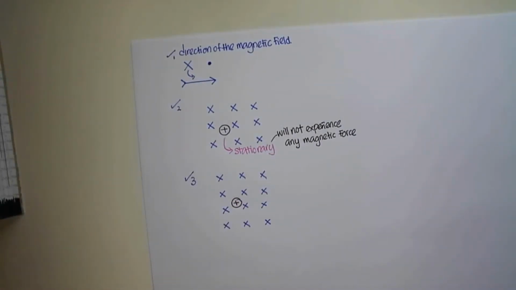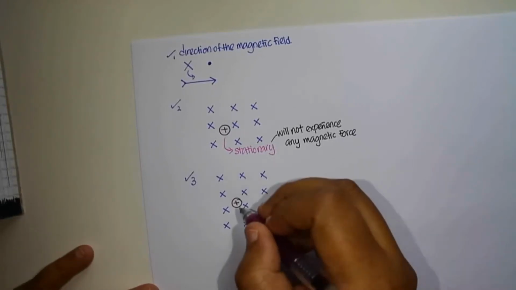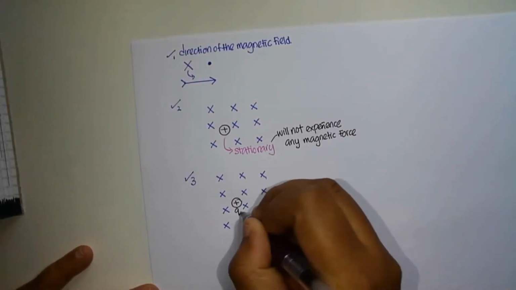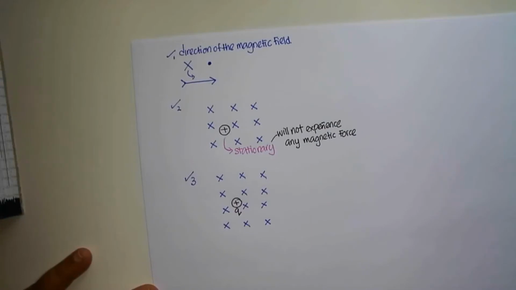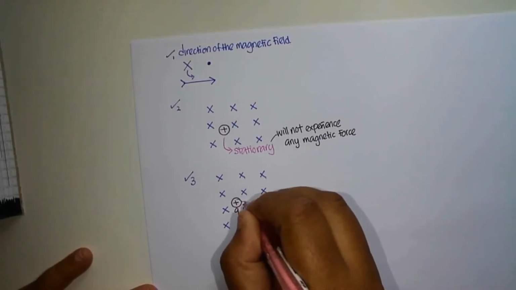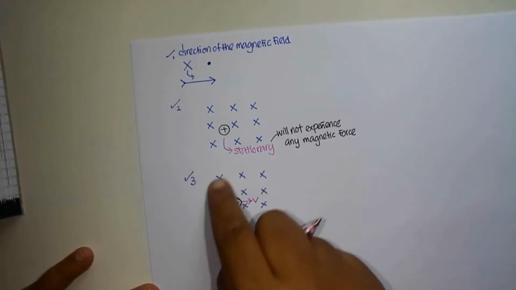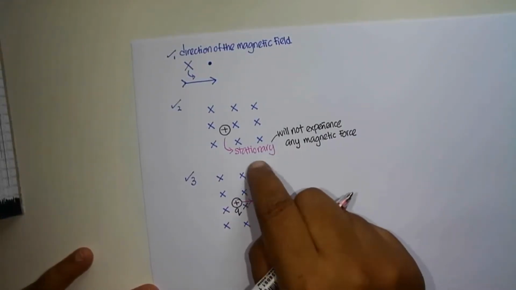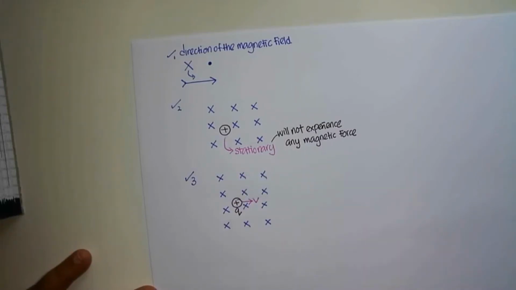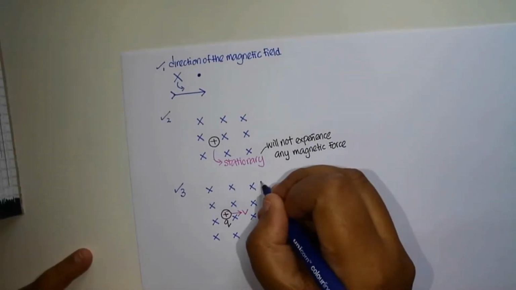If this positive charge, which is Q, is moving with a velocity v, in a magnetic field where the strength of the magnetic field is B.